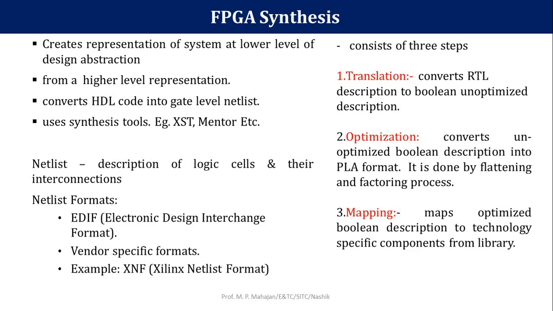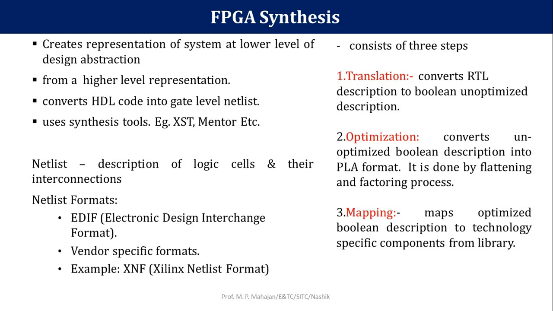Once the unoptimized Boolean equation is generated, the second step is to optimize that Boolean equation using various algorithms. It converts your unoptimized Boolean description into the PLA format, and it consists of two processes, flattening and factoring. Already we discussed this process in unit number 1.